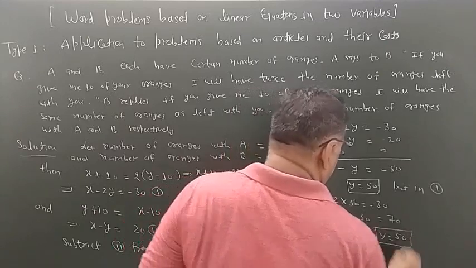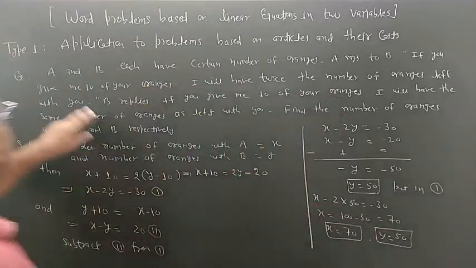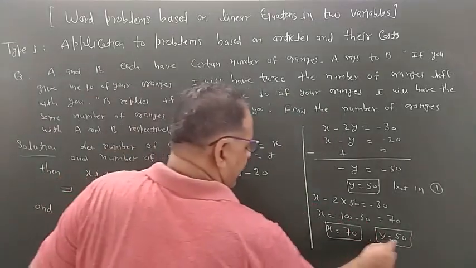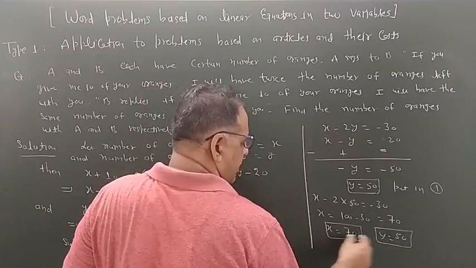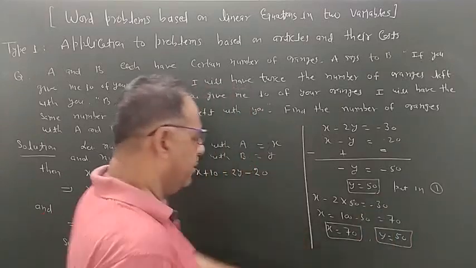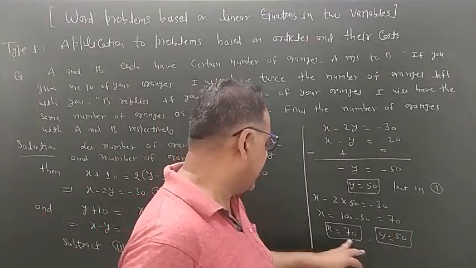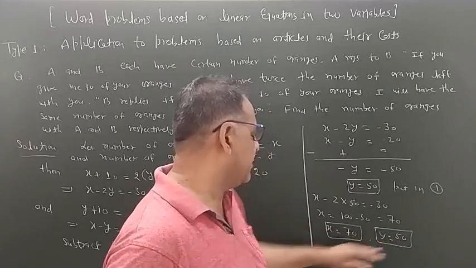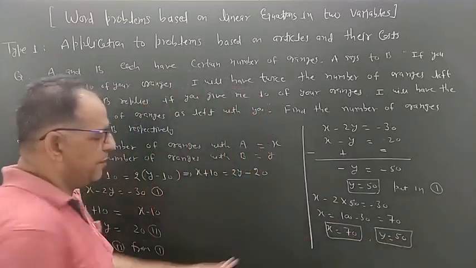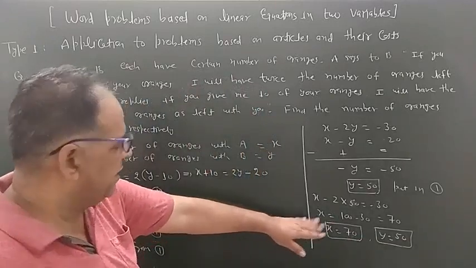If you want to verify the answer, take 10 from there, this becomes 80, this becomes 40, so 80 becomes 2 times of 40. Now if 10 transfer from there to there, this becomes 60, also this becomes 60, so both are now equal. So these are the number of oranges each person A and B have.